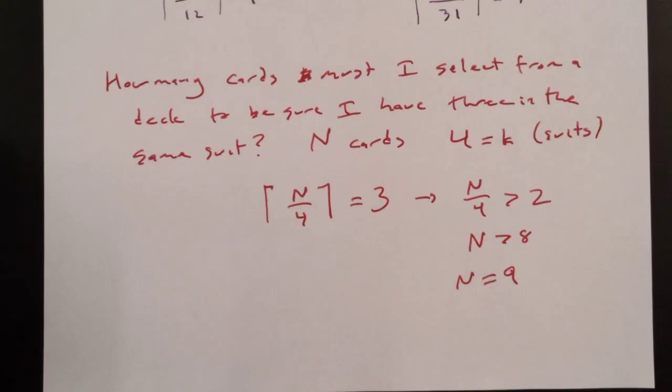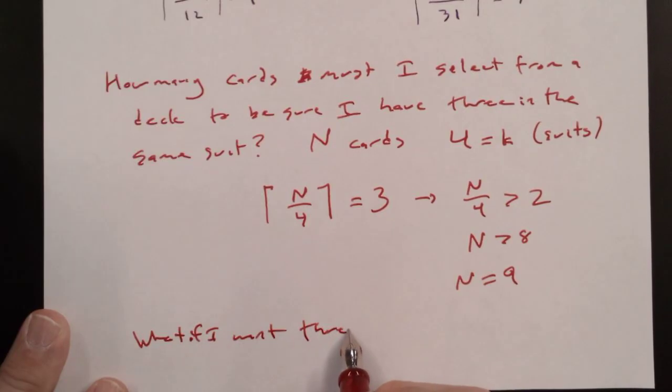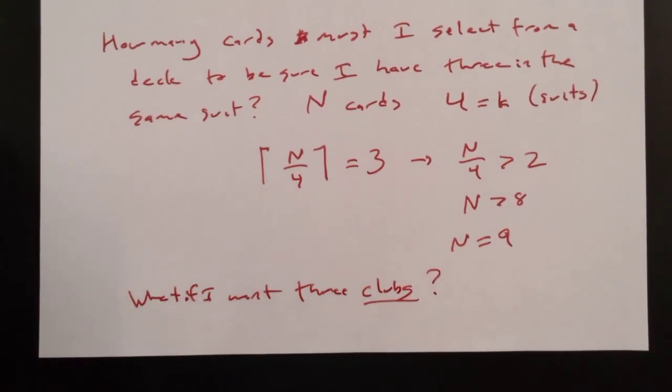What if I said specifically I want 3 clubs? At that point, the pigeonhole principle is not the right thing to think about. But my worst case analysis is. So now think of dealing cards.